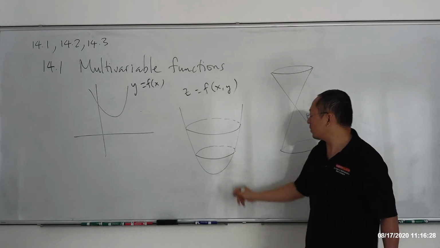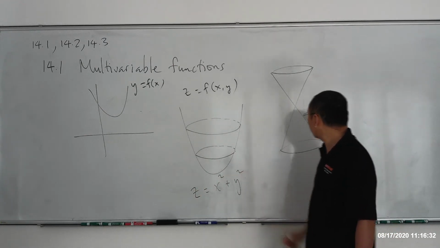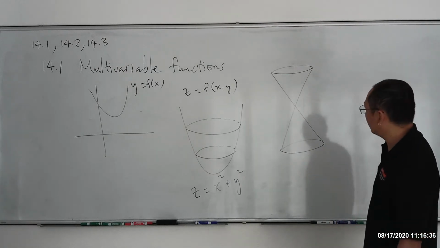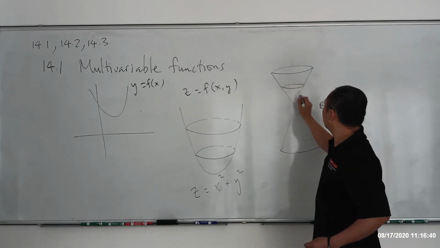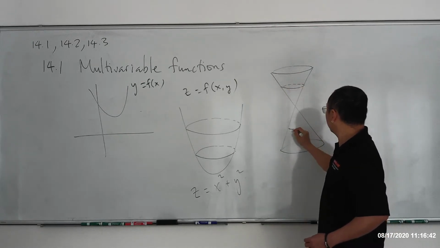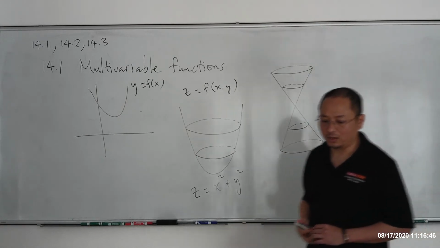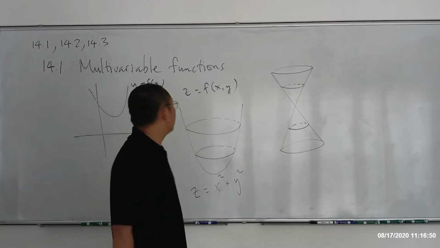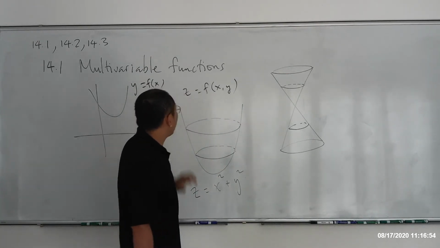An example of this one is like z equal to x squared plus y squared, I think. And for cones, I don't remember the formula for the cone. Unless I have this, and this is the cone, okay? 3D cone. And those are the graphs that you see in functions of 2 variables and 1 output, right?